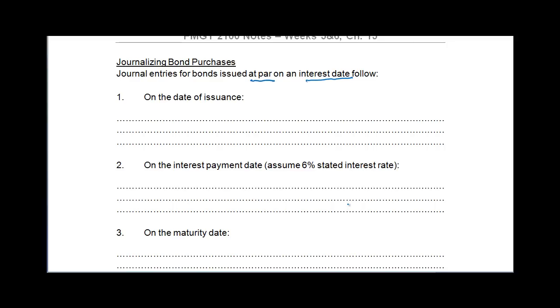So on the date of issuance, the corporation receives cash because they're selling these bonds. So they're going to debit cash for $1,000, let's say, and they're going to credit an account called bonds payable. Now, exactly 6 months later is an interest payment date, and we'll assume that these bonds pay 6%.